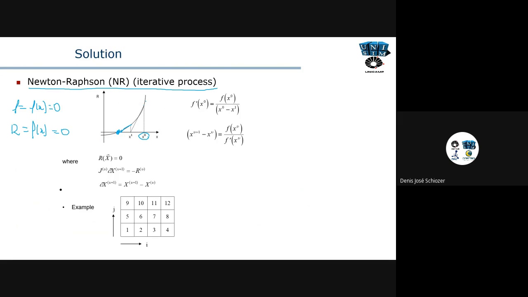I'm going to check the residuals. If the residual is not 0, I'm going to calculate the derivatives, and the derivatives will send us closer to the solution, as we see here in the x1. Then if you calculate the residual again, we're going to see that the residual is still not 0. We're going to calculate the derivative again.